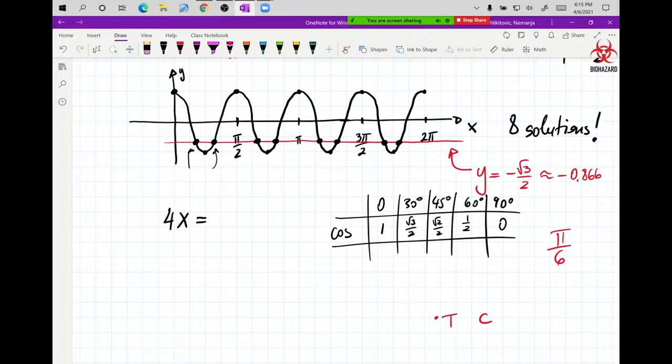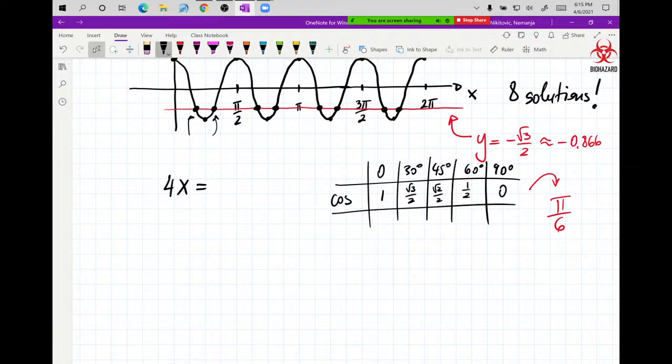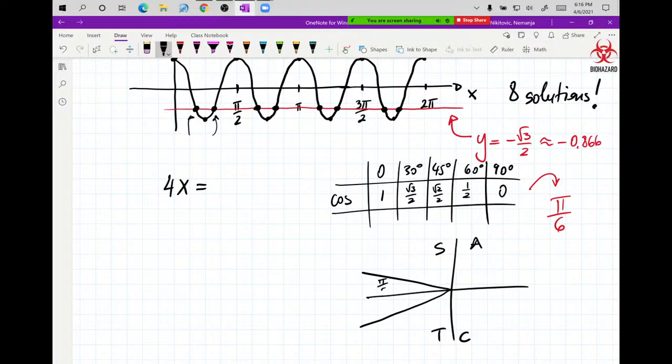Let me draw this bigger. So from the chart, we know that the answer is related to pi over 6. Now you go into All Students Take Calculus, and you use pi over 6 angles in the quadrants where cosine is negative.